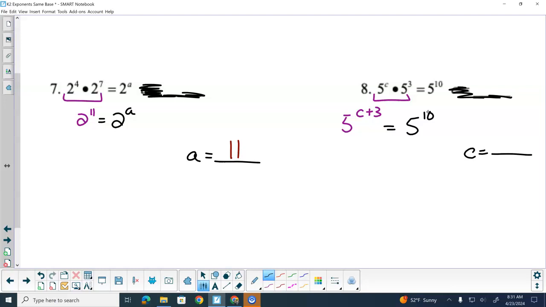So let's go back one problem. Okay? Over here, we said that 11 was equal to a. Right? The exponents had to be equal. So over here, the exponents are going to have to be equal again, correct? So can I say this?